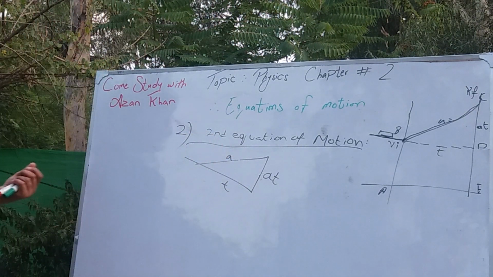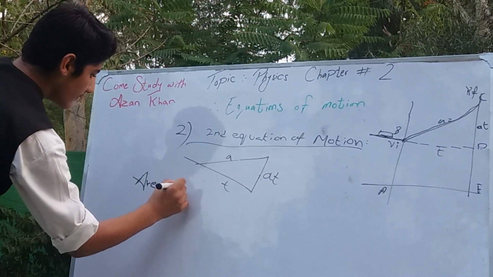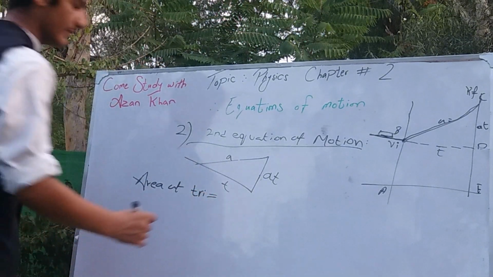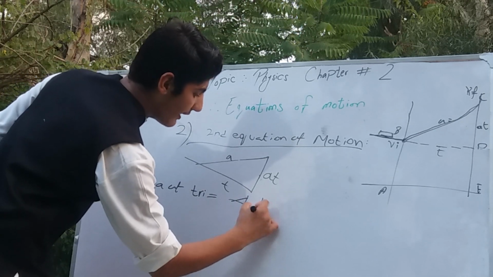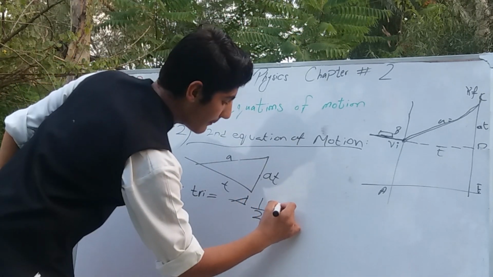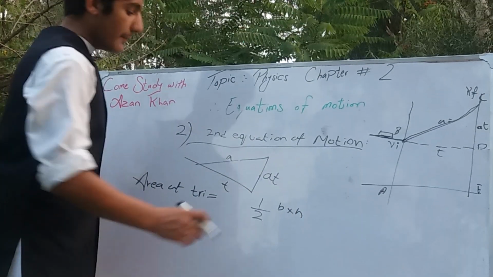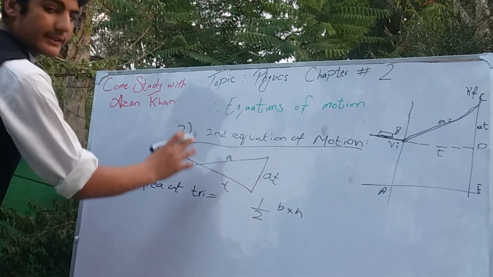What is the area of a triangle? The area of a triangle is 1 divided by 2 multiplied by base multiplied by height.